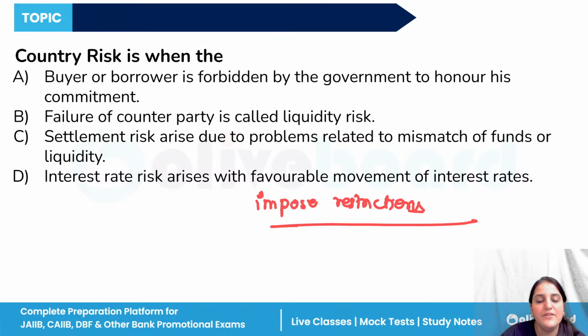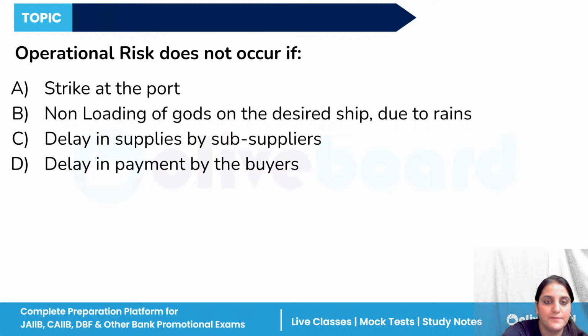So basically, when the buyer or borrower is forbidden by the government to honor his commitment, it generally refers to country risk. Great. Pawan sir, Anita ma'am, Mukesh sir, correct. Option A is correct.